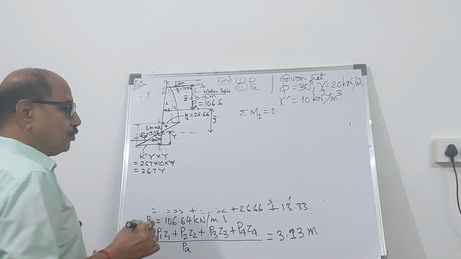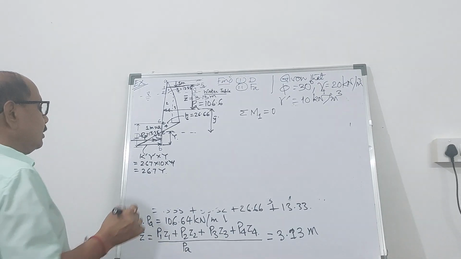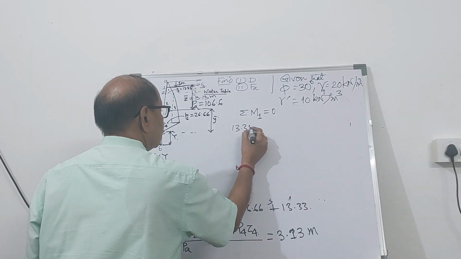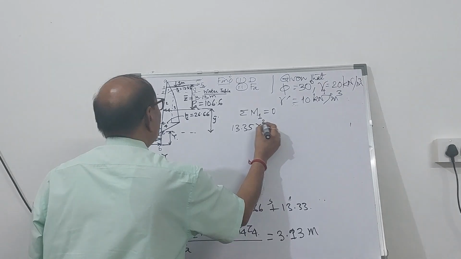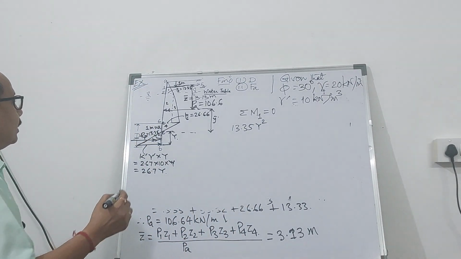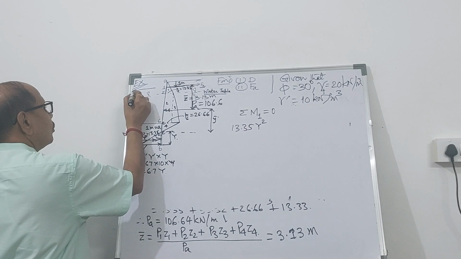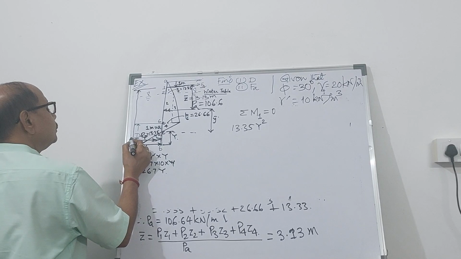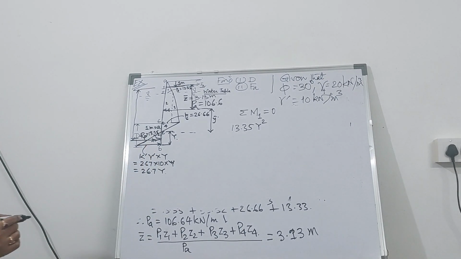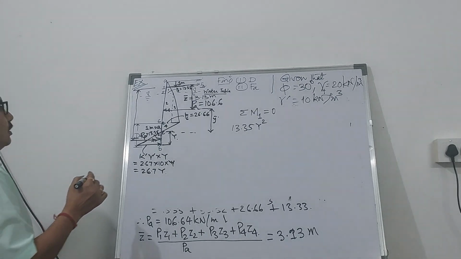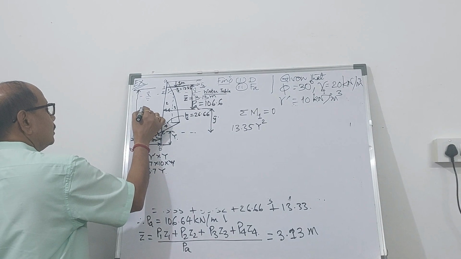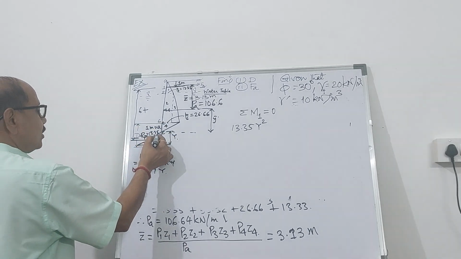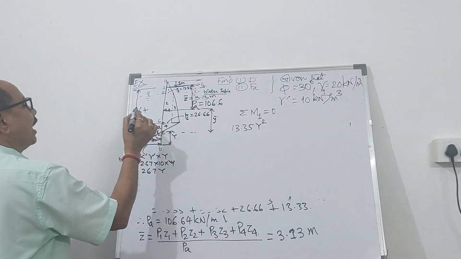And therefore, if you take this one, then 13.35 y square, and the distance between the anchor rod and the line of application of RP, you can find it out, is going to be from here to here 5 plus 1, 6 meter, plus 2/3 of y.